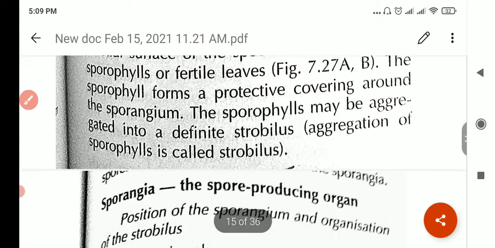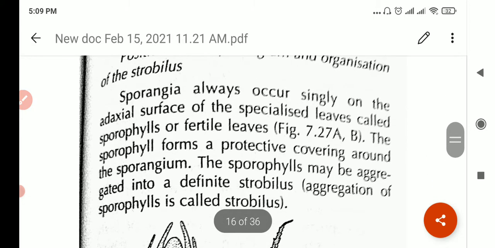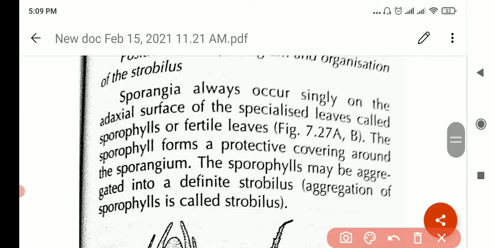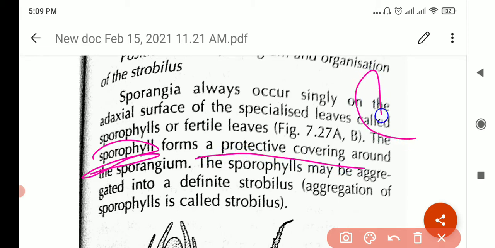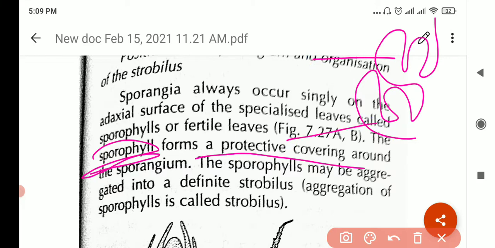The sporangia occur singly on the adaxial surface of the leaves, known as sporophyll or fertile leaves. Remember that small bulb? That is your sporangia. Now those leaves, those sporophylls, form a protective covering around these sporangiums.